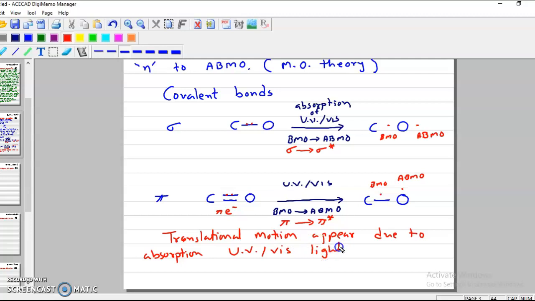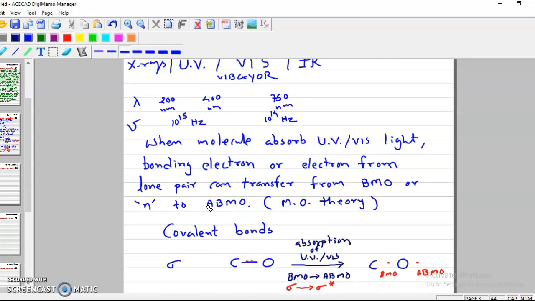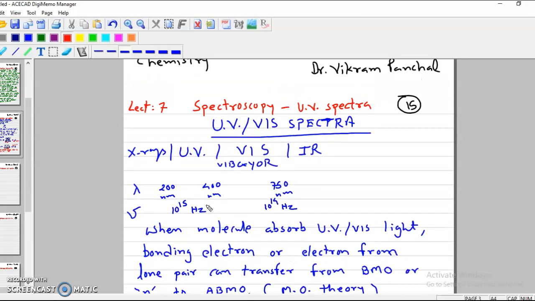Okay, so this is very, very important, and here it gives a lot of information, not only sigma or pi, even non-bonding electron pair. Suppose oxygen has lone pair of electron over here, it can also travel to pi star orbital when we get different types of transitions. So this is what happens during absorptions of ultraviolet and visible light.